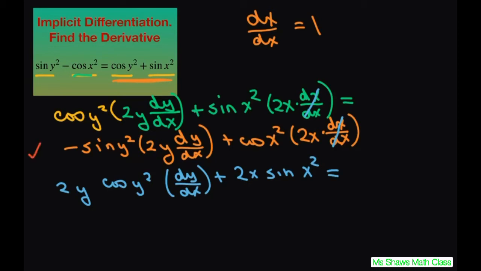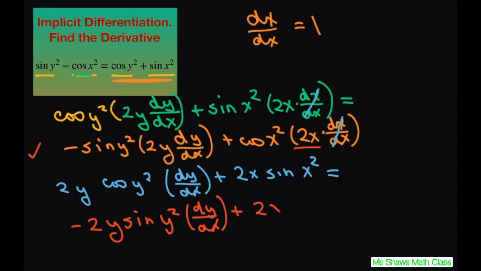This is going to be negative 2y sine y squared times the derivative of y with respect to x plus, and let's pull this 2x out, 2x cosine x squared.